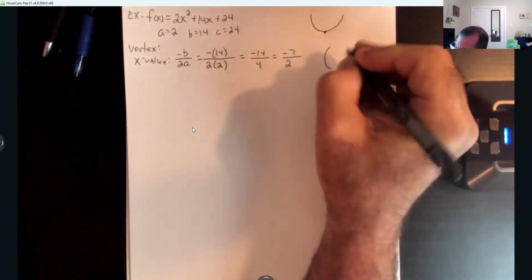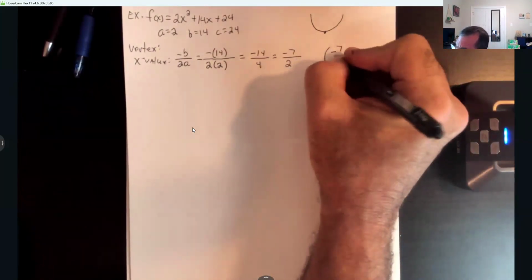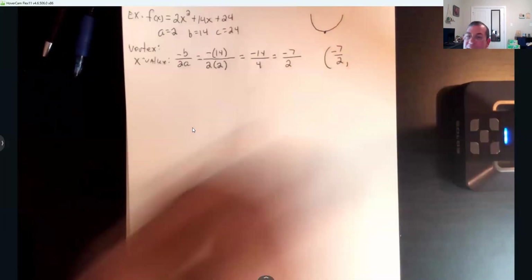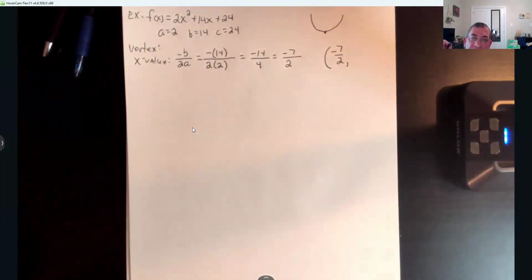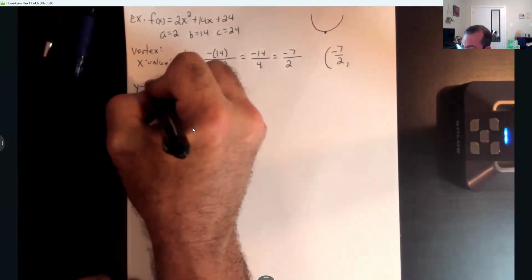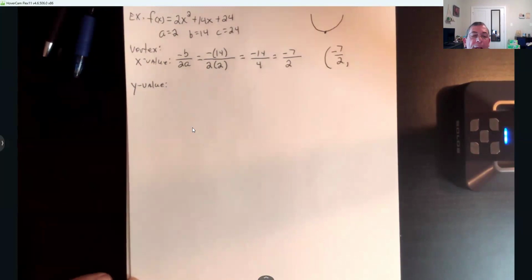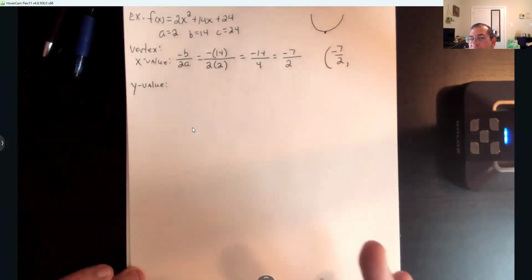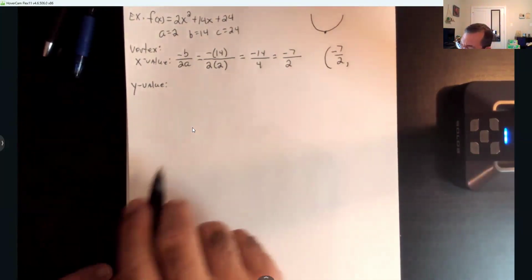So on my vertex, the x value will be negative 7/2. Now, I'll probably work this by hand, but y'all got that calculator, right? So if you don't like doing fractions by hand, you got your calculator.